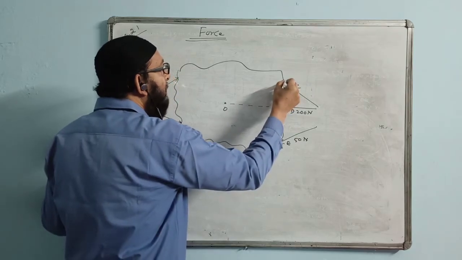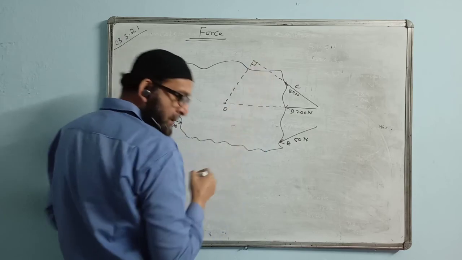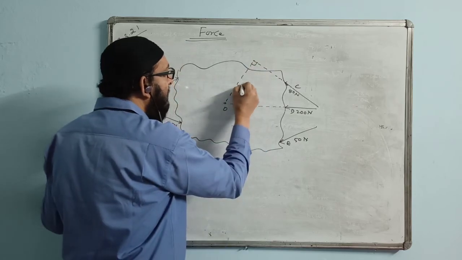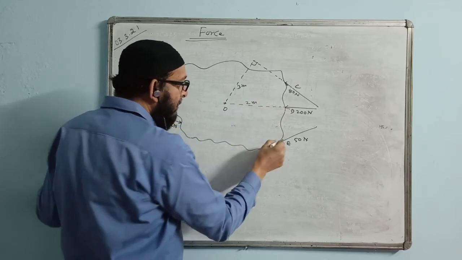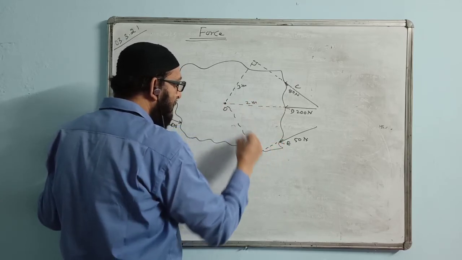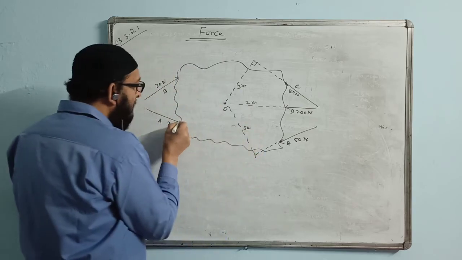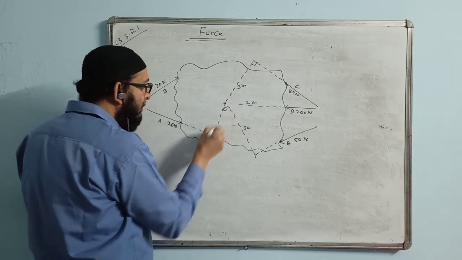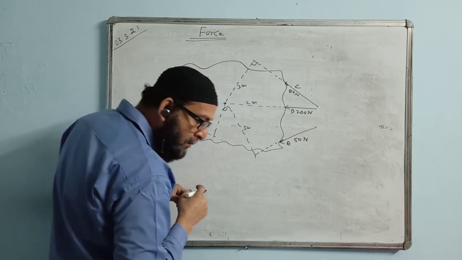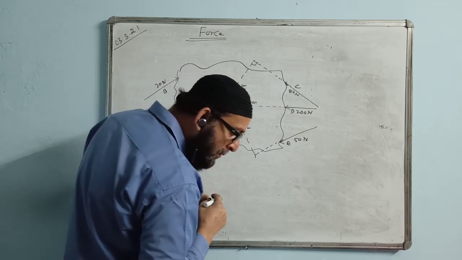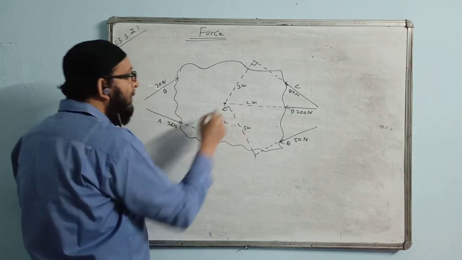And for all the forces, the perpendicular distance is given like this. This is given 3 meters. This one is given 2 meters. This one is given 5 meters. This one is given 1 meter.